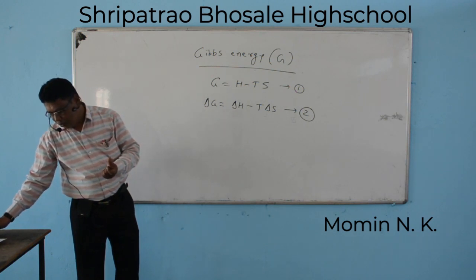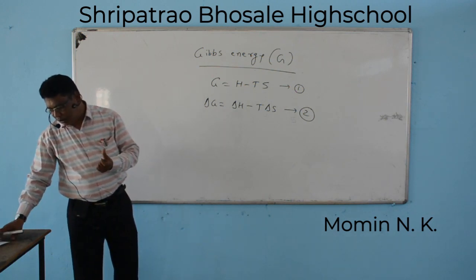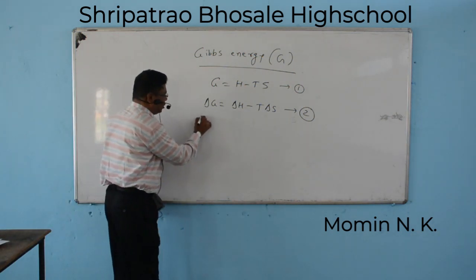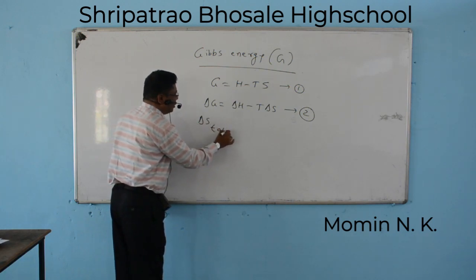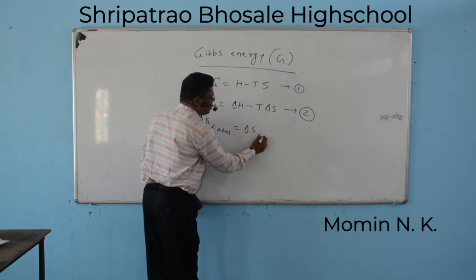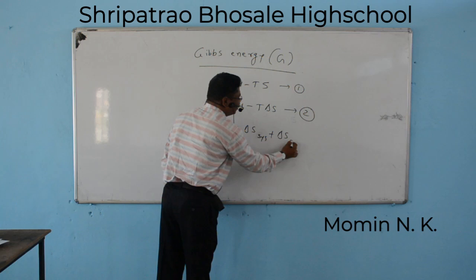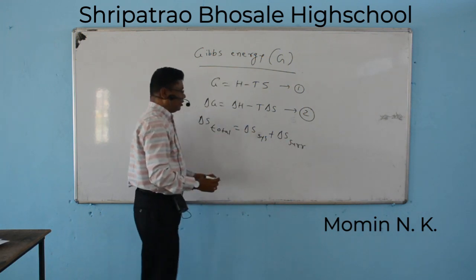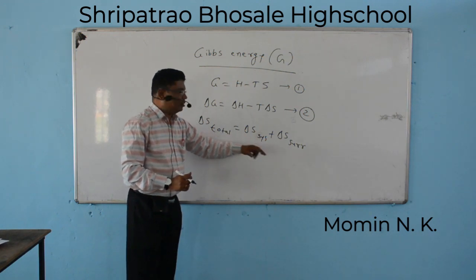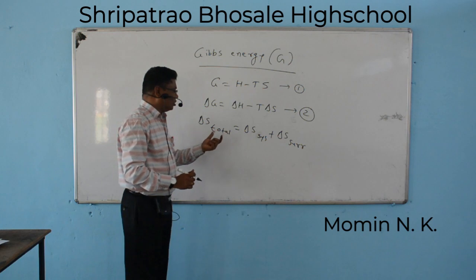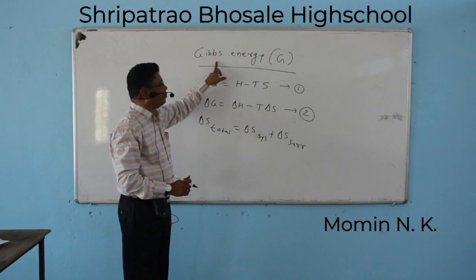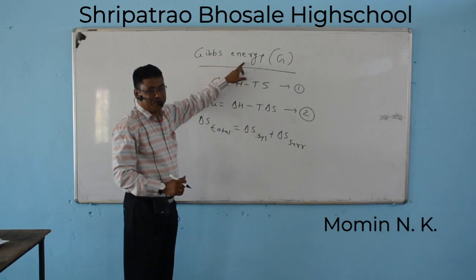Now we want to know the relation between Gibbs energy and spontaneity. The energy change that accompanies a process is given as delta S total is equal to delta S system plus delta S surrounding. But we are more interested in the system than the surrounding, and this problem was solved by scientist Gibbs, who developed another thermodynamic property called Gibbs energy.